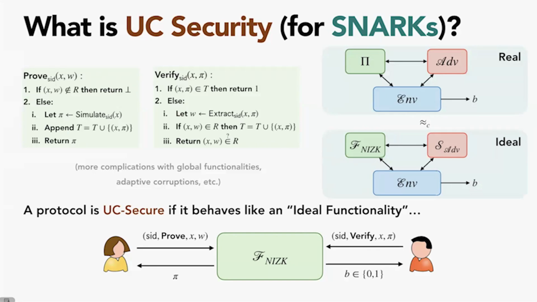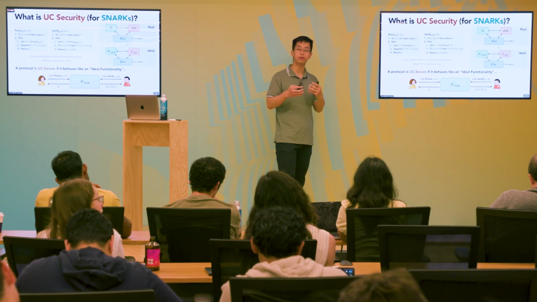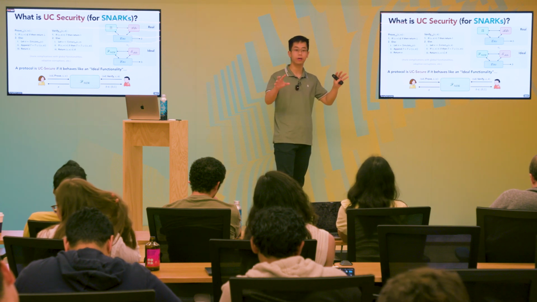And also let me just show you what UC security actually means with respect to this ideal functionality. So an actual protocol pi in the real world is going to UC realize the functionality FNISIC in the ideal world if for every adversary, it can interact arbitrarily with the protocol pi and also with some ambient environment. The environment here, you can think of it as a distinguisher. It's trying to determine whether it lives in the real world or the ideal world.